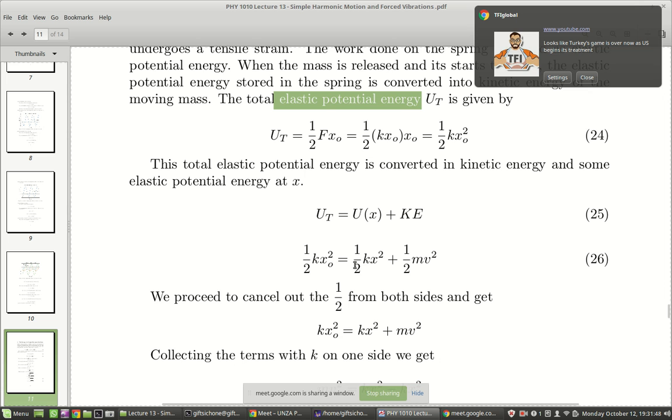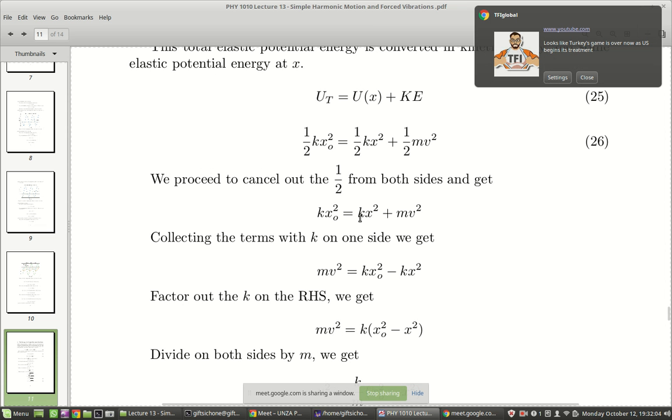You take the k x squared to the other side, so m v squared is equal to k x naught squared minus k x squared. You factor out the k, and you end up with m v squared is equal to k times x naught squared minus x squared, like that.